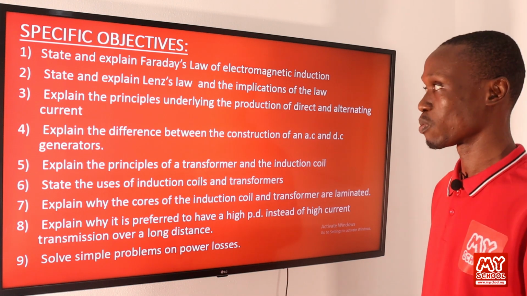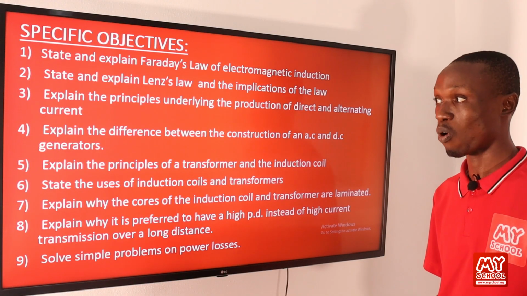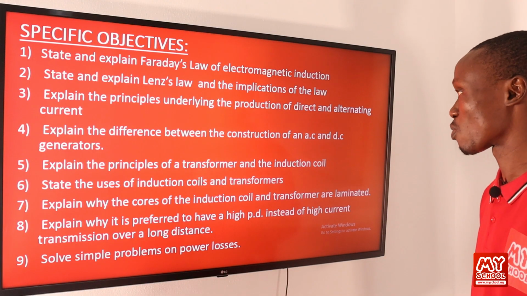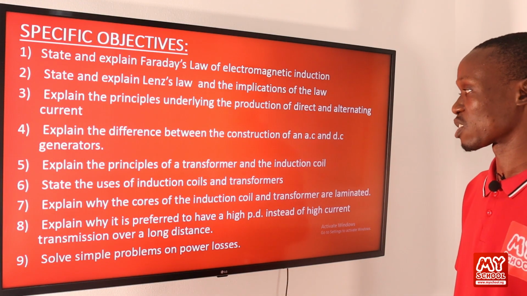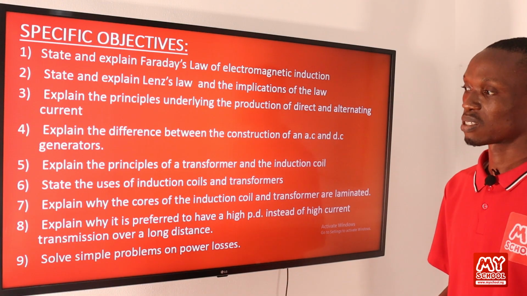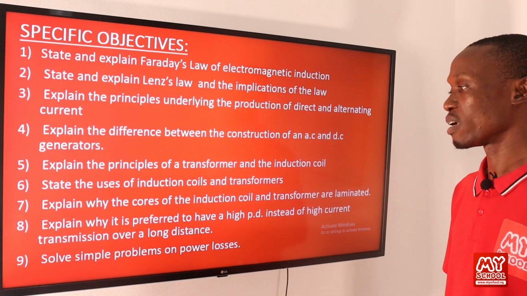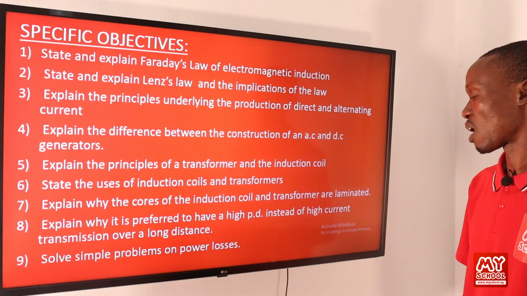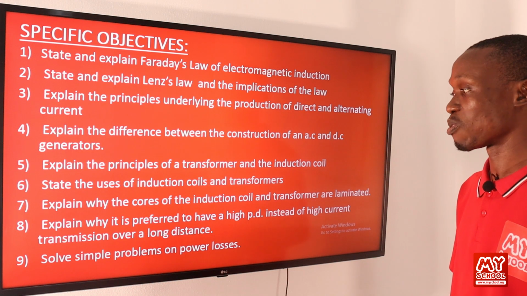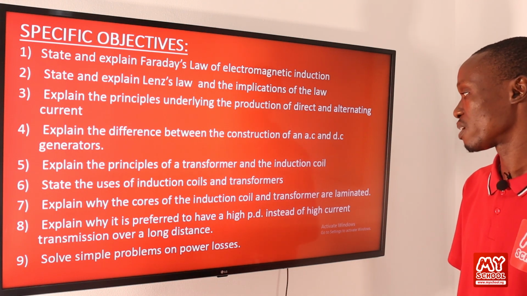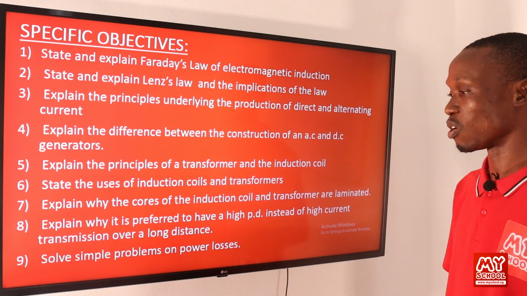3, explain the principles underlying the production of direct and alternating current. 4, explain the difference between the construction of an AC and DC generators. 5, explain the principles of a transformer and induction coil. 6, state the uses of induction coils and transformers. 7, explain why the coils of the induction coil and transformer are laminated. 8, explain why it is preferred to have a high potential difference instead of high current transmission over a long distance.